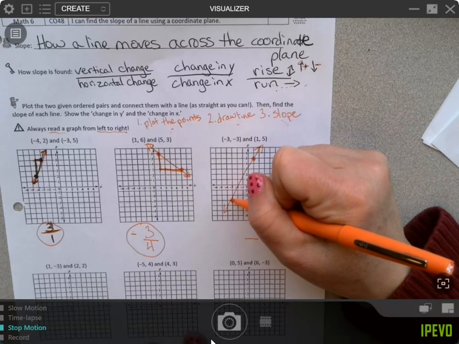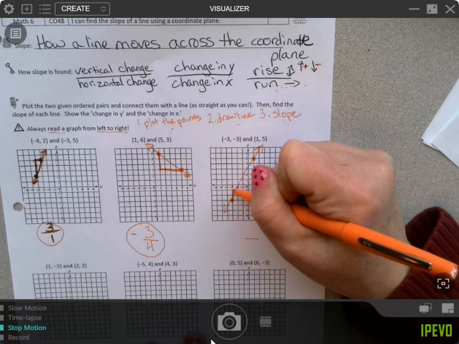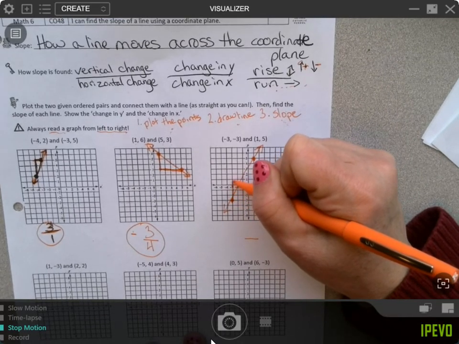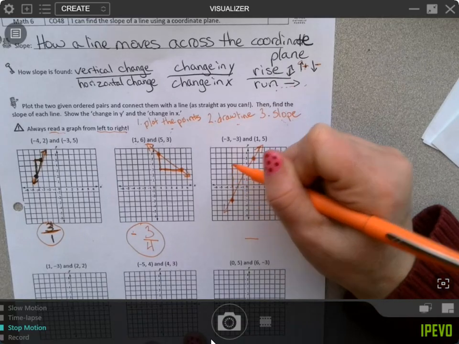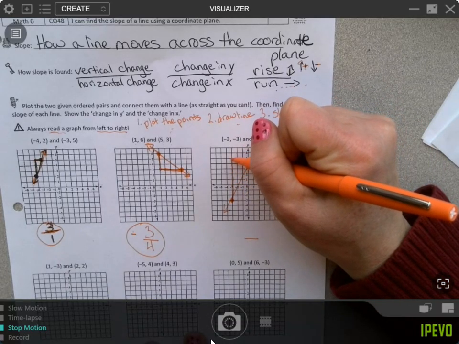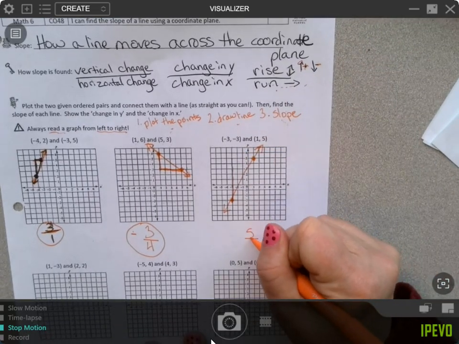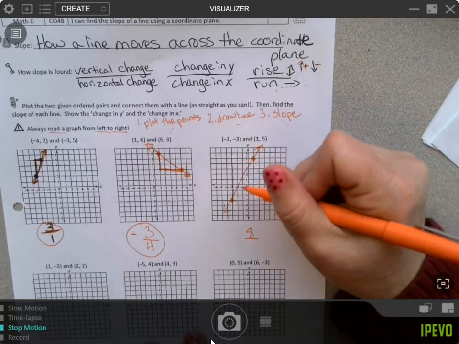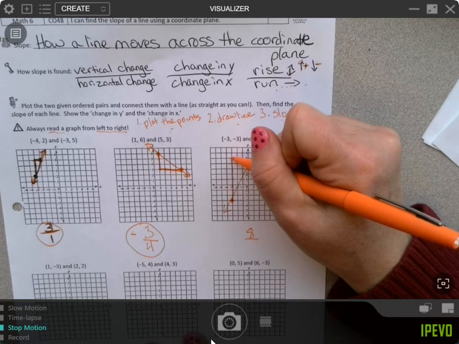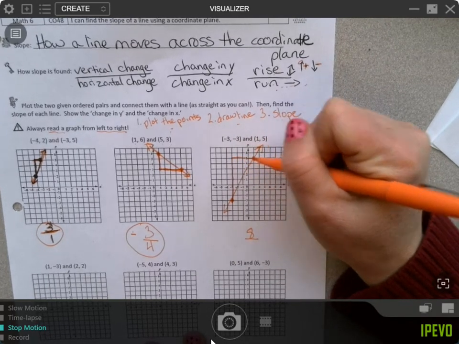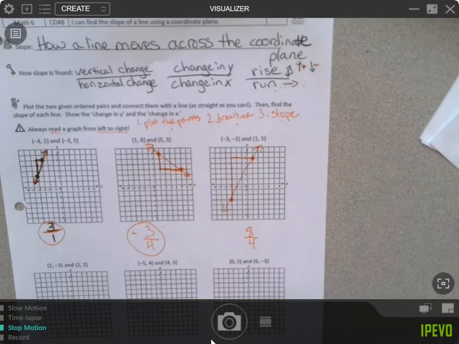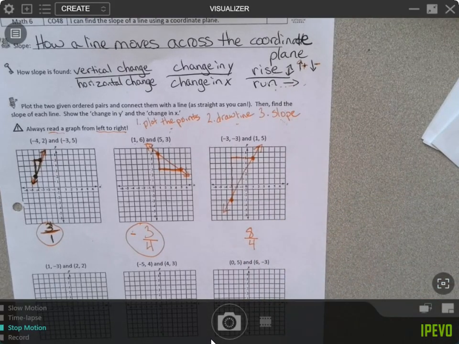So I go up 1, 2, 3, 4, 5, 6, 7, 8. So I went up 8. And I go over 1, 2, 3, 4.